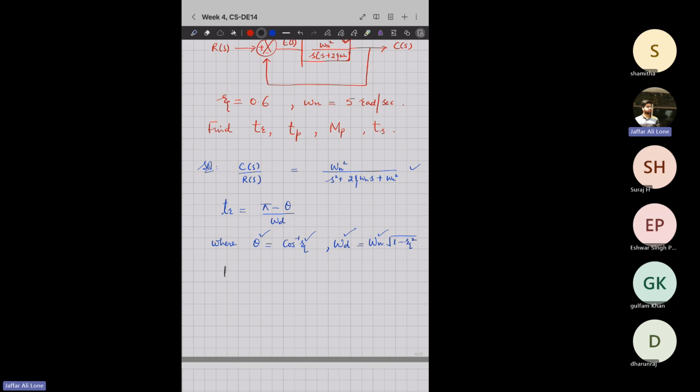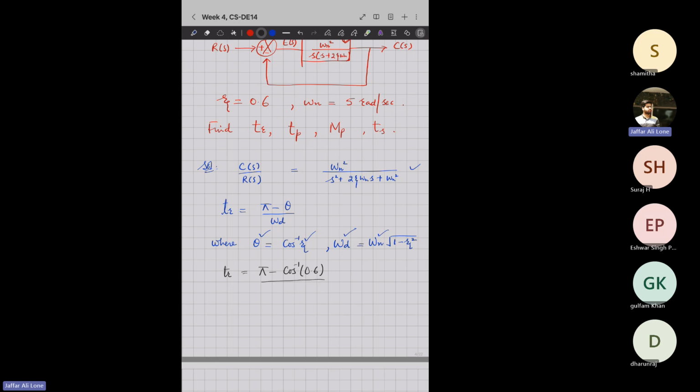So now what is tr, rise time? Pi minus cos inverse of 0.6. Please solve it and tell me the answer. We'll go step by step.